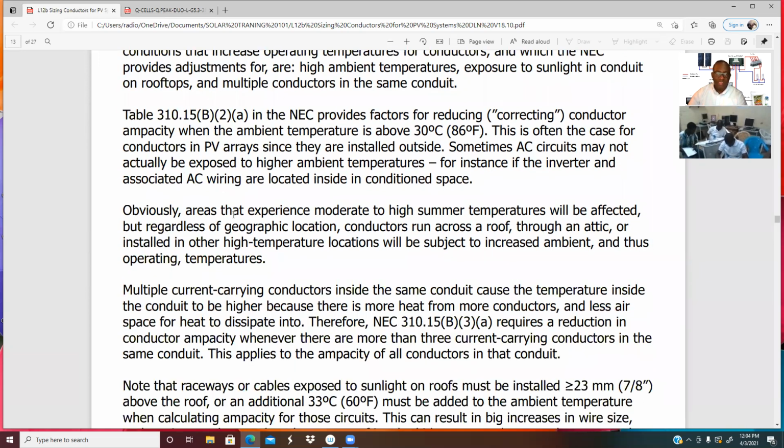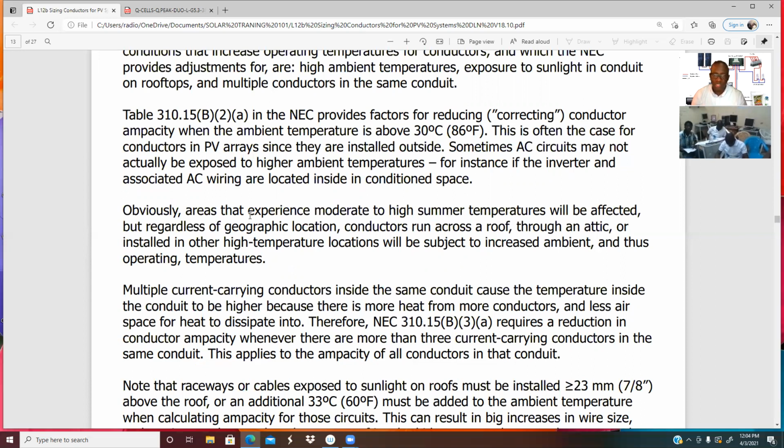Obviously, areas that experience moderate to high summer temperatures will be affected. But regardless of geographic location, conductors run across a roof, through an attic, or installed in other high temperature locations will be subject to increased ambient and thus operating temperatures.